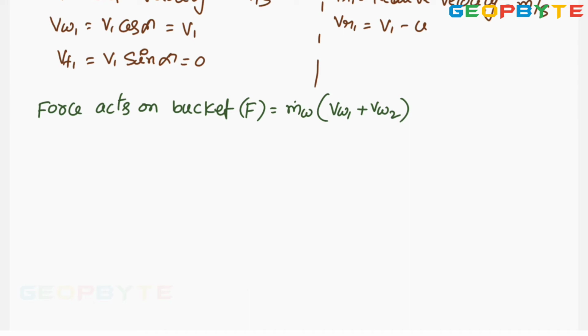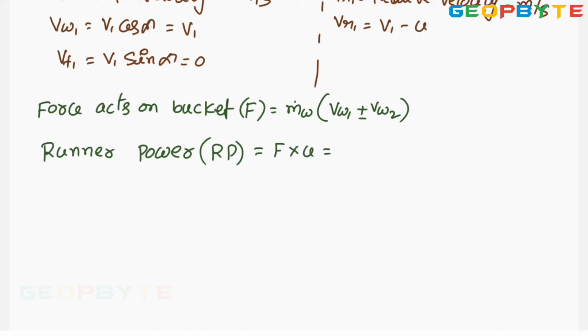Now the runner power, generally it is taken as VW1 plus or minus VW2. I will explain to you when to take the plus and when to take the minus. Runner power equal to the driving force multiplied by blade speed.